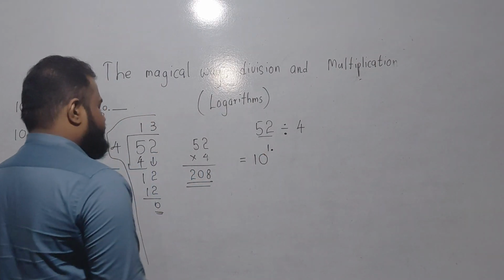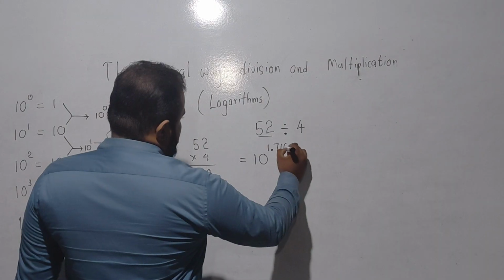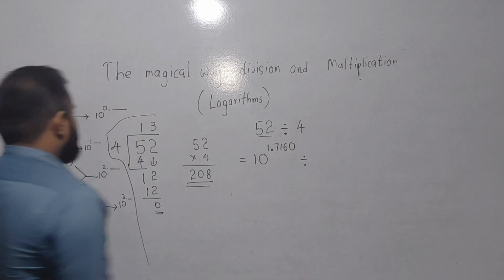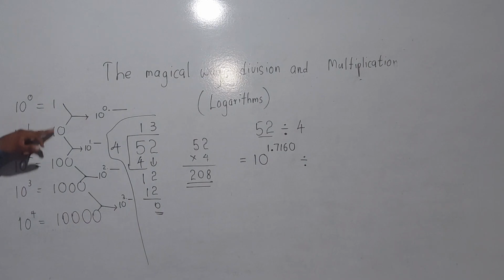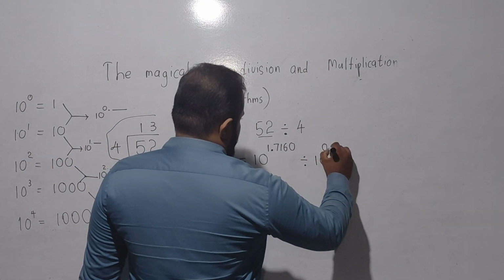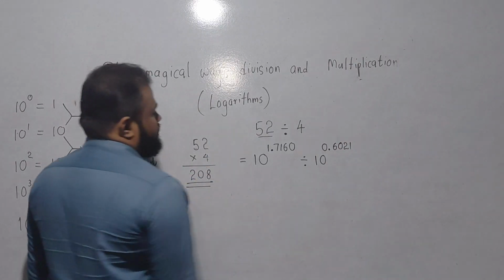What is the value we found? 7160. 7160 divided by 4. 4 is between 1 and 10. So it should be written as 10 to the power 0 point some value. 10 to the power 0 point 6021.